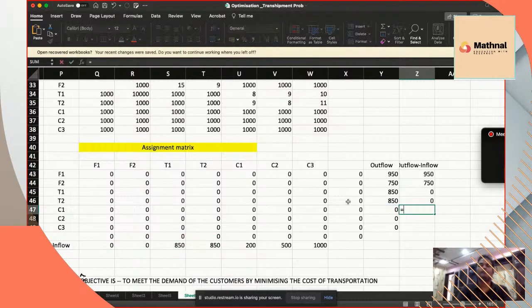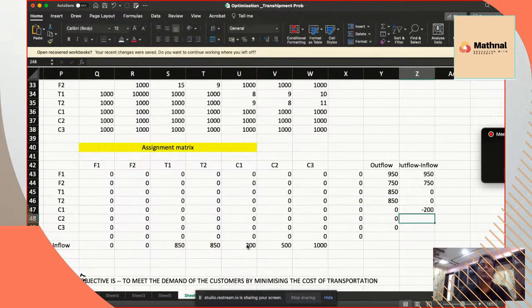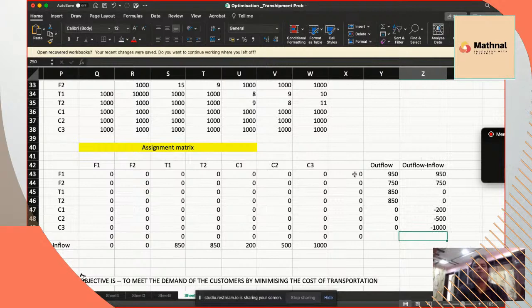This is outflow minus this. What we want is that the net outflow minus inflow should be equal to this.